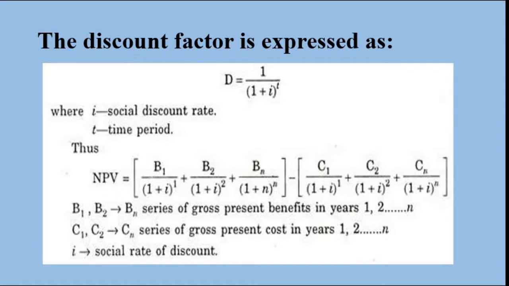Here we say that D equals 1 by 1 plus i to the power t. Here i indicates the social discount rate and t indicates the time period.